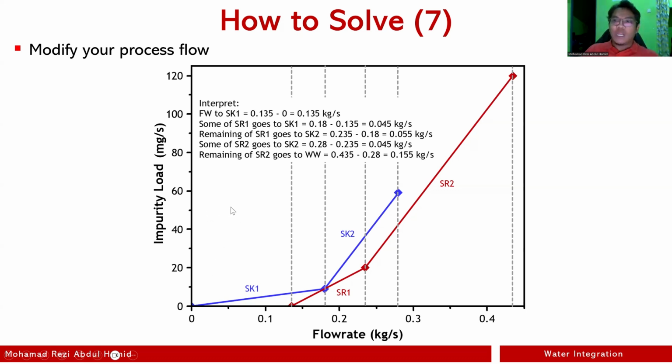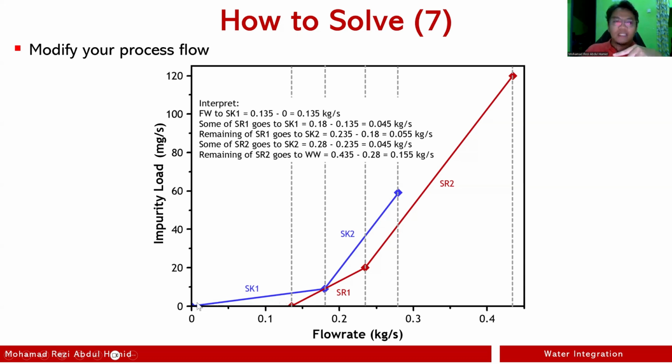Now, I would interpret from left to right. If this particular region only has one line, it means that it is either wastewater or fresh water.